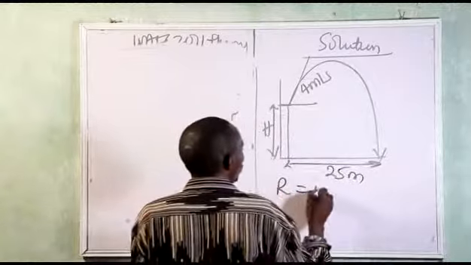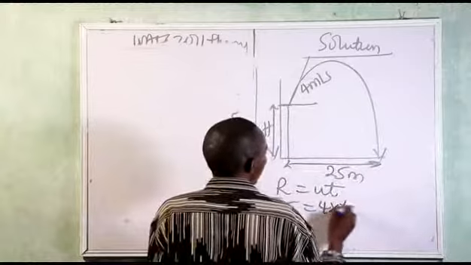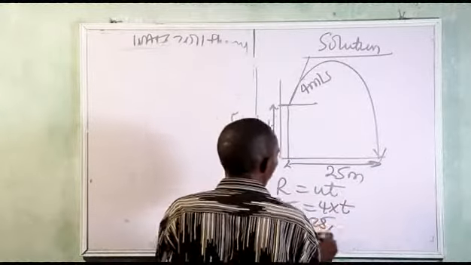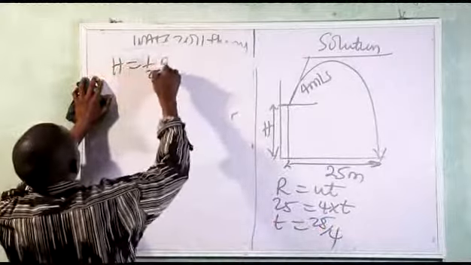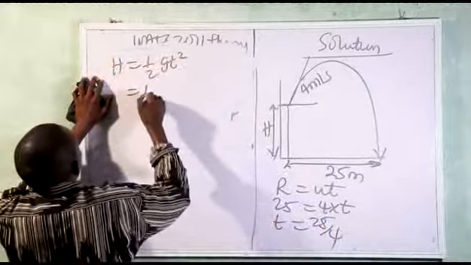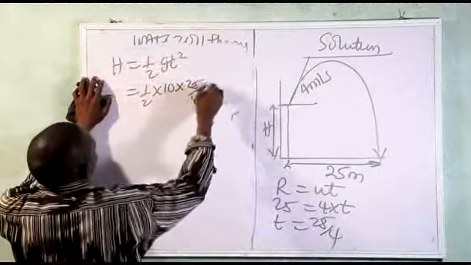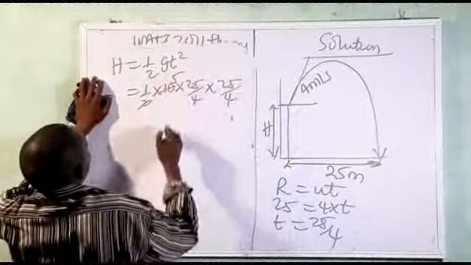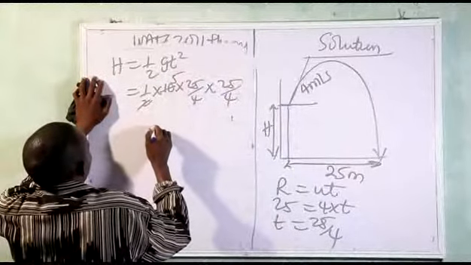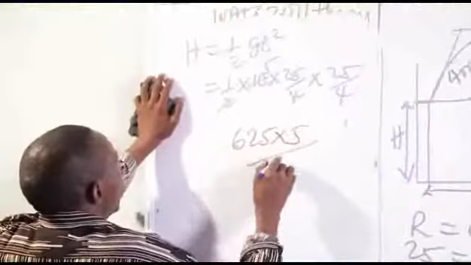R equals UT, 25 equals 4 times t. So our t is 25 over 4. So our height is half gt squared. Half g, 10, times 25 over 4 times 25 over 4. That is 625 times 5 over 16.